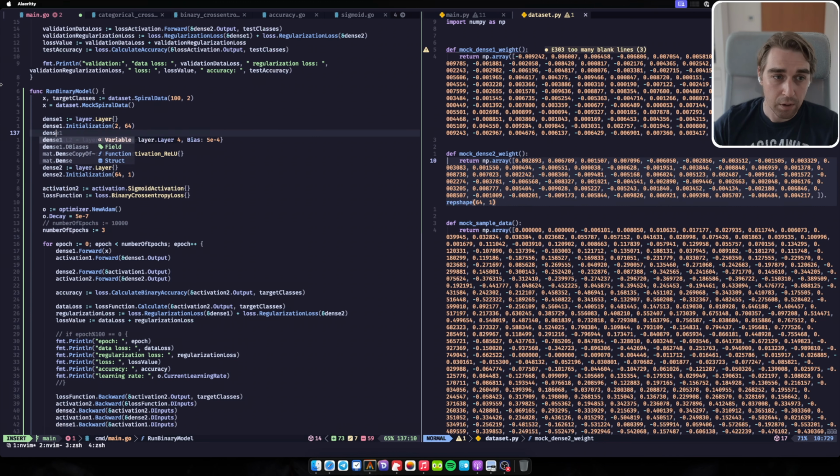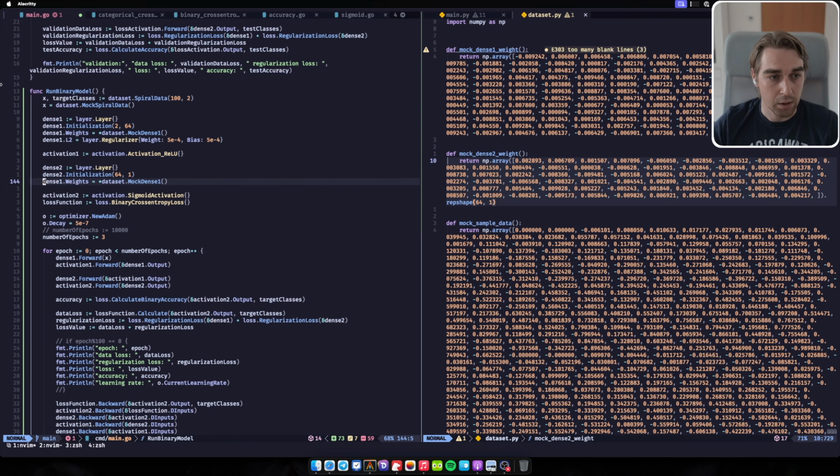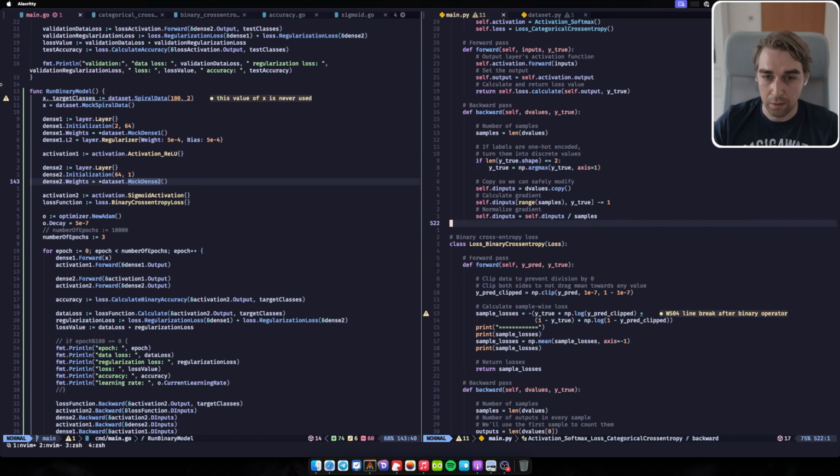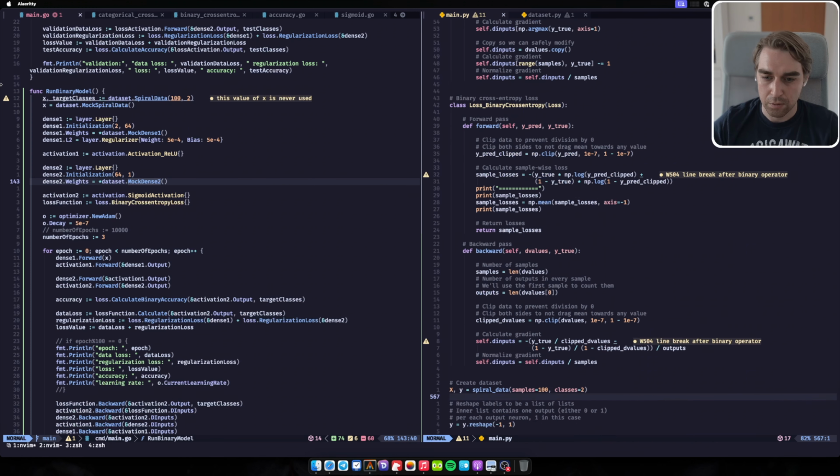Then after initialization, we override its weights to the data sets, mock dense 1. And we're doing the same for the second one, right? Mock dense 2. And then we need to do the same here.